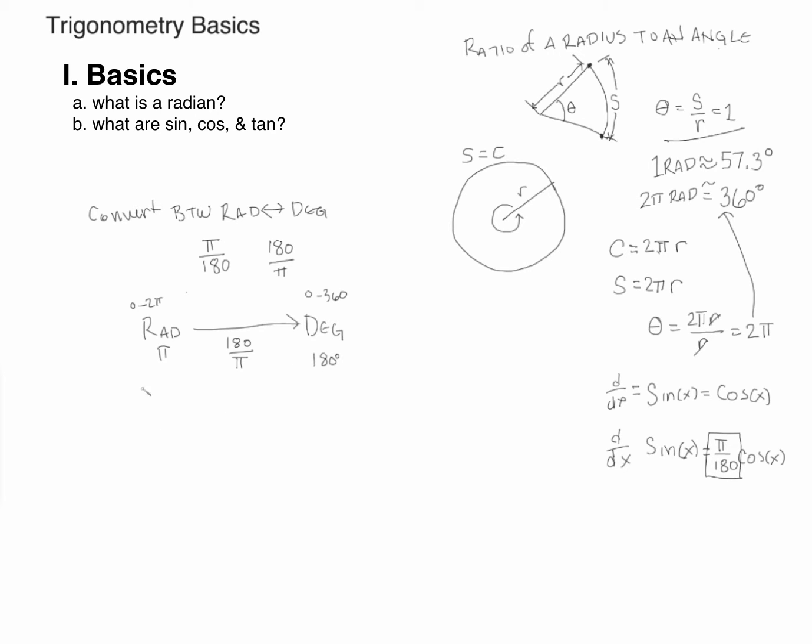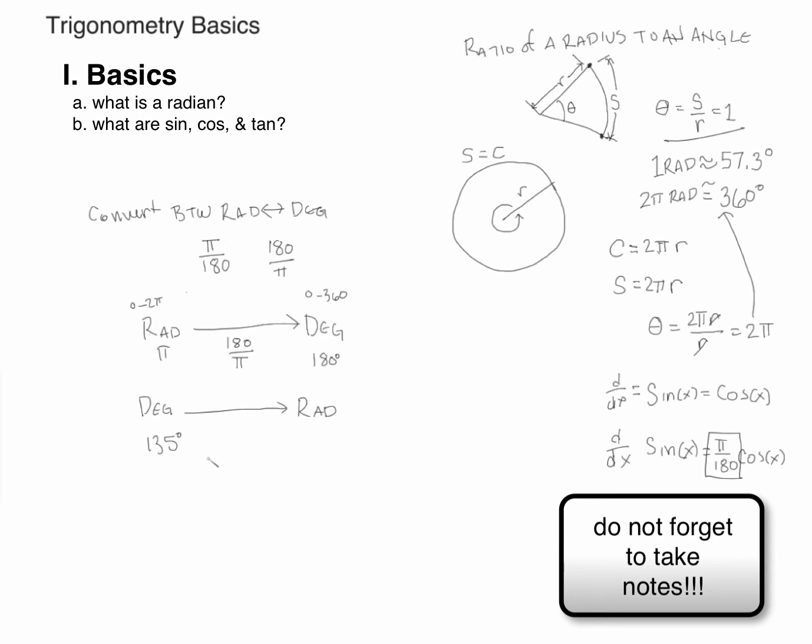Okay. Now, if we're going from degrees to radians, let's say we've got 135 degrees. Well, assuming we didn't know this, we want to convert.